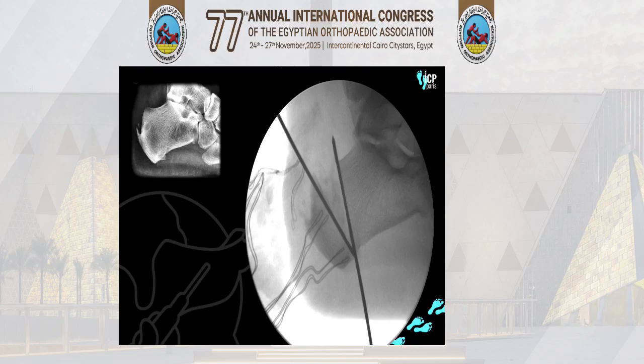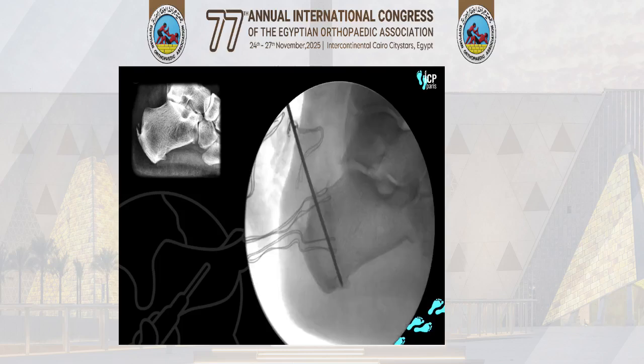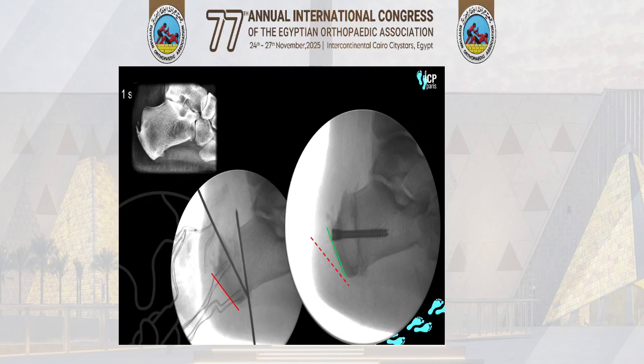You need to keep the plantar cortex, that's very important. Then you can close it, and then you bring forward the insertion, the tuberosity, and you fix it with one screw.